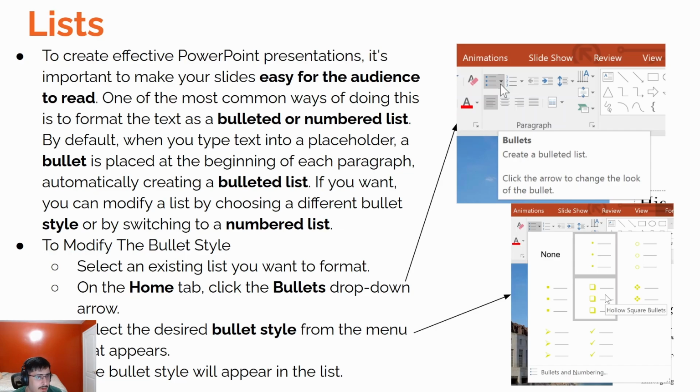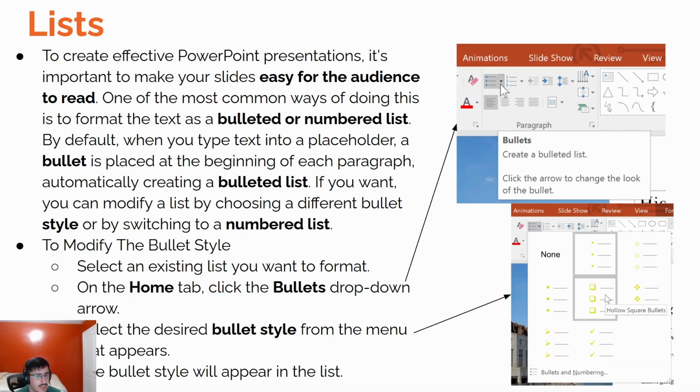Well, you might be wondering, how is this palatable format typically formatted? How is our text formatted? Well, lucky for us in PowerPoint, we primarily tend to use lists, right? And why are lists very important? Well, it's because it makes your slides much, much easier for your audience to read, right?